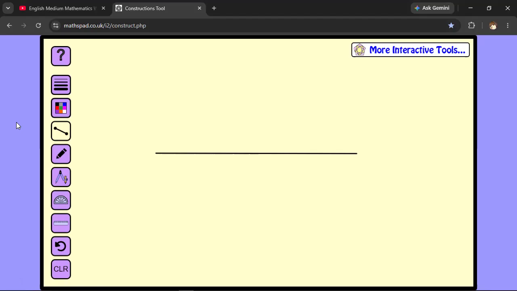If you want, you can name it as a fixed line. This is the fixed line. Right. And take your set ruler.